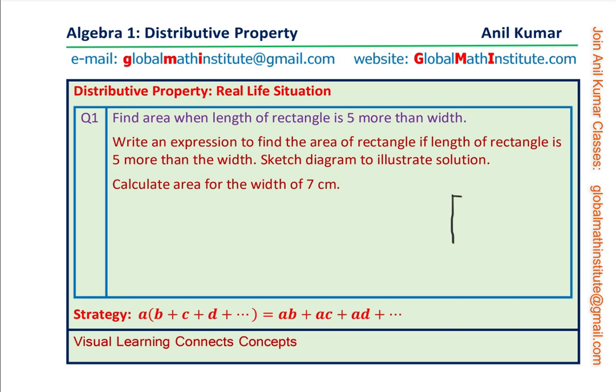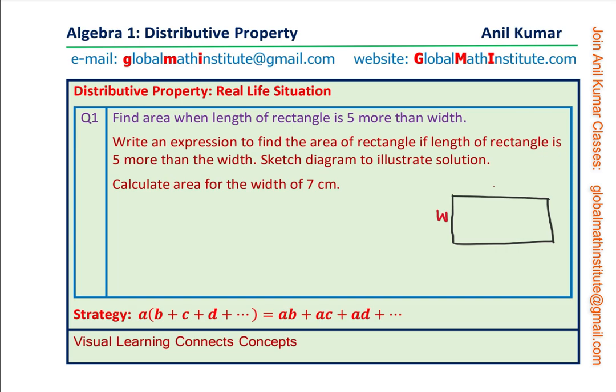So let's make a rectangle, whose length is related to the width, right? If the width is W, then what are we saying? Write an expression to find area of rectangle if length of rectangle is 5 more than width.